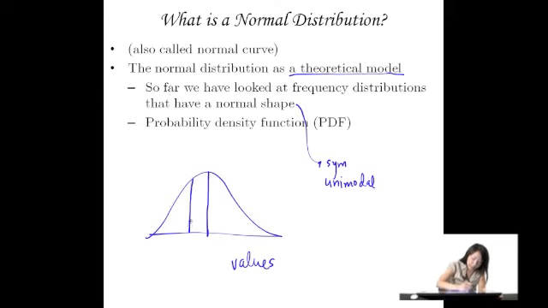But here in this area, that is the probability with which a value that's just plucked out of the world will fall in between x1 and x2. And so we're really interested in the relationship between the area and the values, right? That's why the normal distribution is really important, because there's this nice regular relationship between probabilities and values.